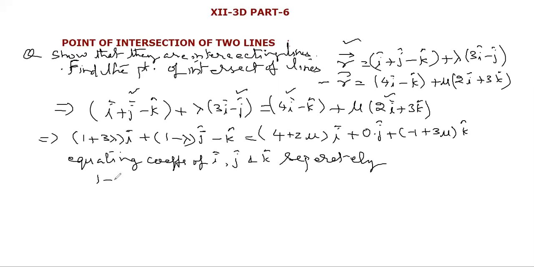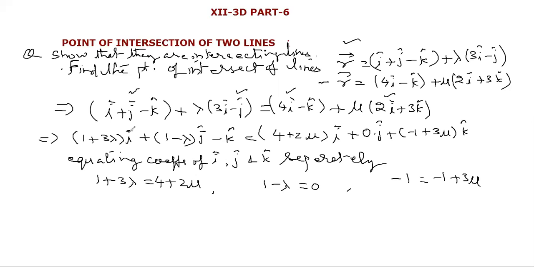So i: 1 plus 3 lambda equals 4 plus 2 mu, first equation. Second, j: 1 minus lambda is equal to 0. And third: minus 1 is equal to minus 1 plus 3 mu.